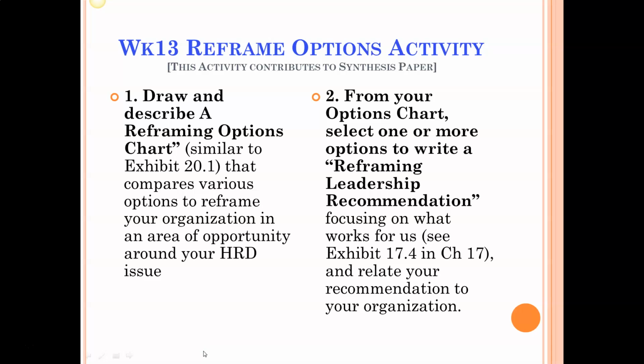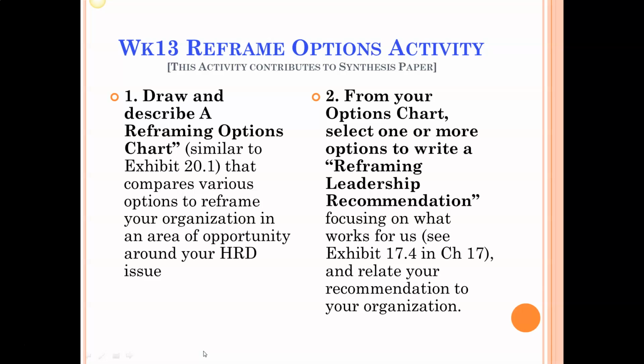So we've got 2 things that we're doing here, and we're going to combine chapters 20 and 17. Although you probably will read chapter 17 first, which talks about leadership and reframing leadership, we're going to bring that into an example. Chapter 20 talks about a specific example in a school system.